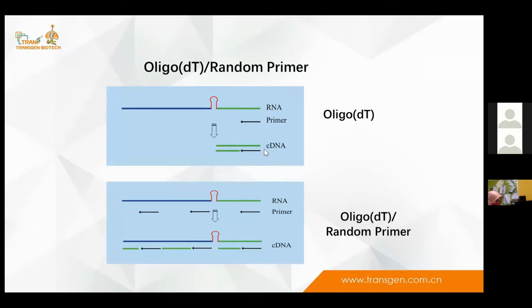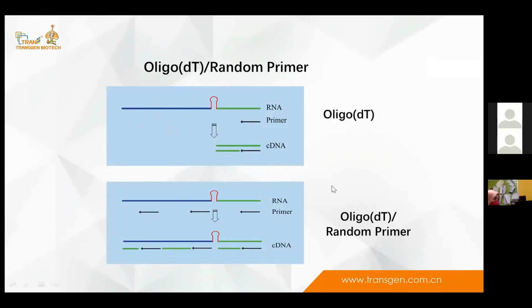So when there's a complex structure in the mRNA, the whole synthesis will block. It means the information in this area will be lost. So when we use oligo-dT, there may be a risk of losing a lot of information away from the 3' end.